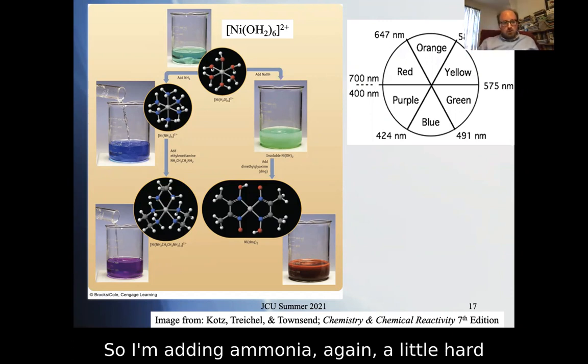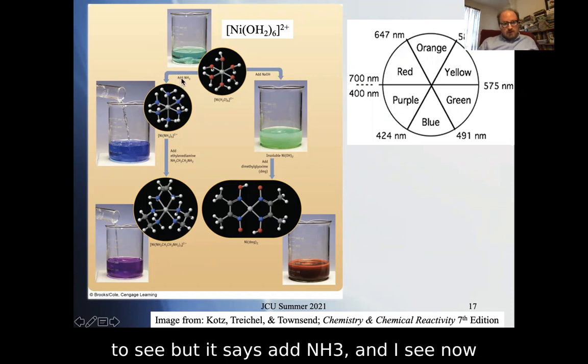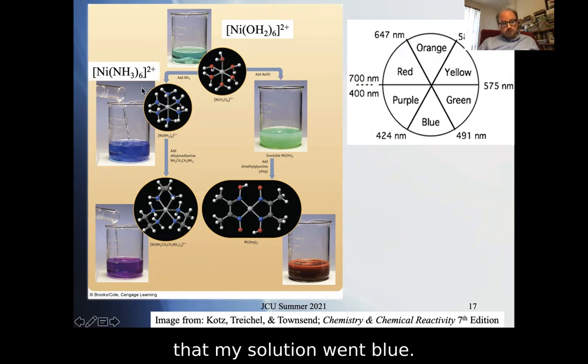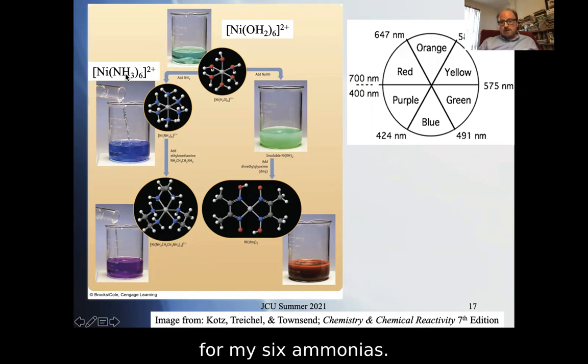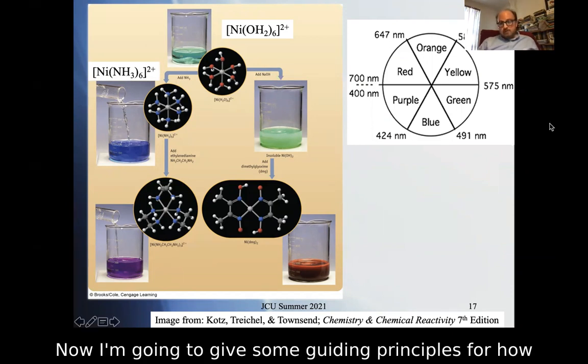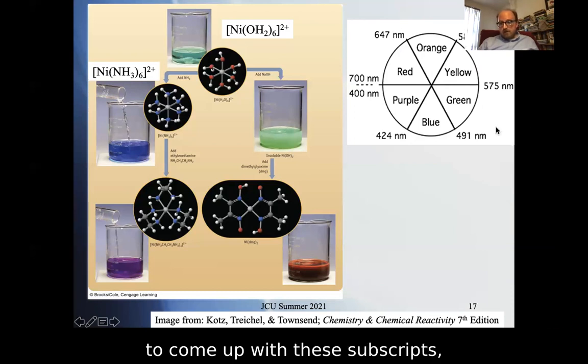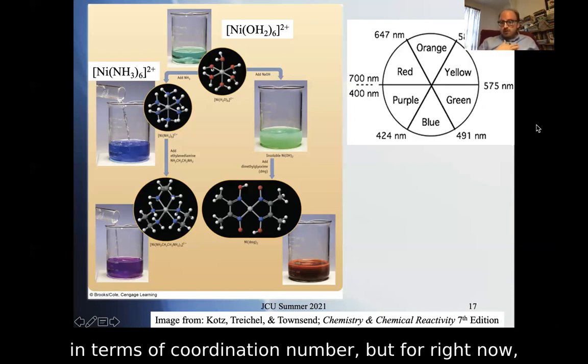So I'm adding ammonia. Again, a little hard to see, but it says add NH3. And I see now that my solution went blue. So what I'm going to do is substitute my 6 waters for my 6 ammonias. Now, I'm going to give some guiding principles for how to come up with these subscripts in terms of coordination number.